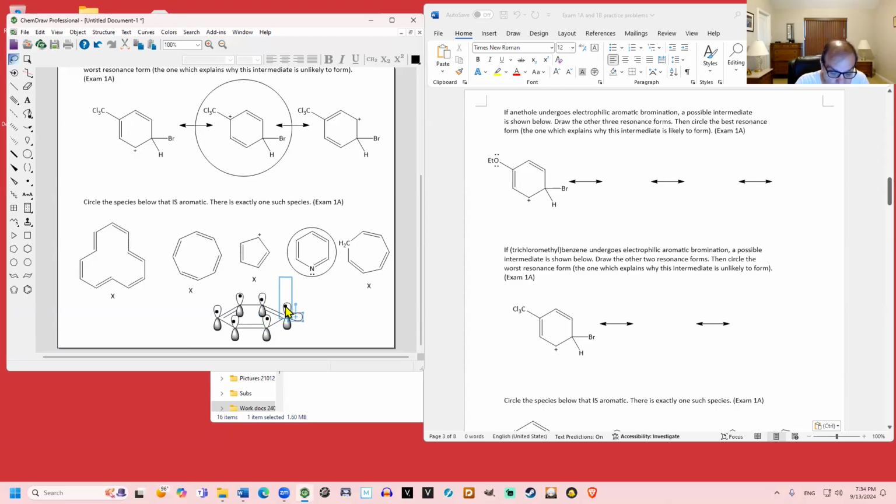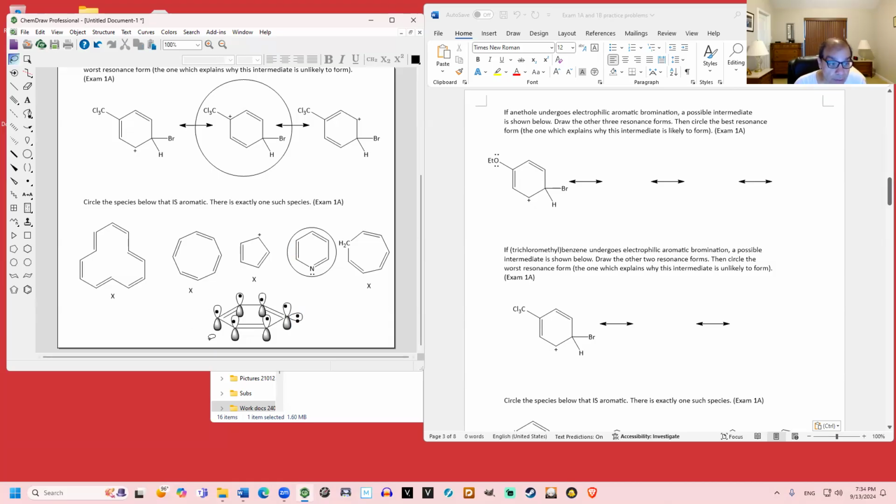The only thing left is the lone pair on nitrogen, which needs to go into that sp2 hybrid orbital. That fills the sp2 hybrid orbital, that takes care of that problem, and it also accounts for the lone pair on nitrogen. There is no way you can just look at the structure of pyridine and know where that lone pair is. It's not possible. You have to draw the diagram.